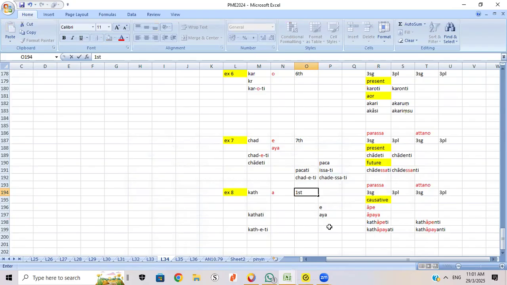And then this is 7. So this one is using this. This one is a bit strange, because in the same dictionary, one gives you kateti, 7 conjugation. Katati, the causative one, is using the A. So this one is a bit confusing. So take note of this.